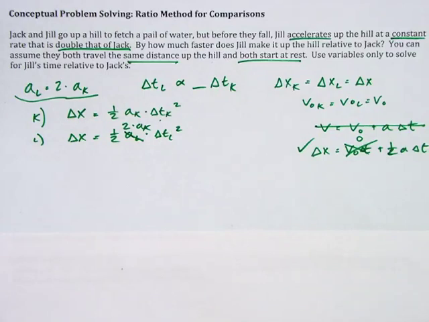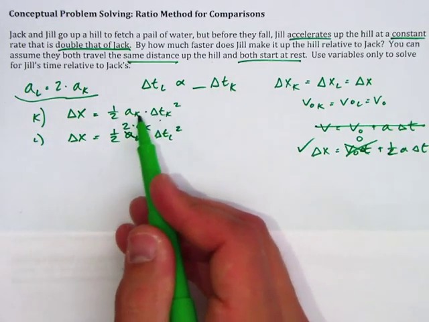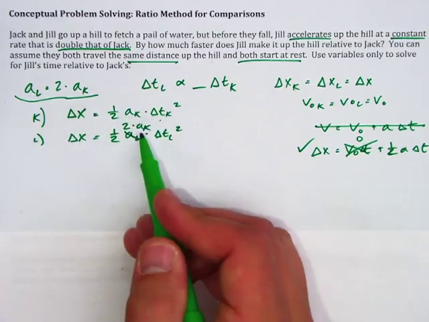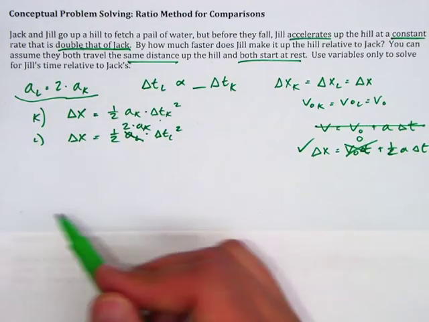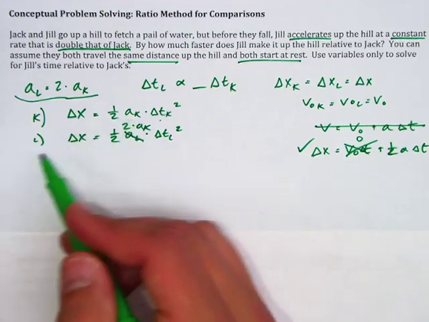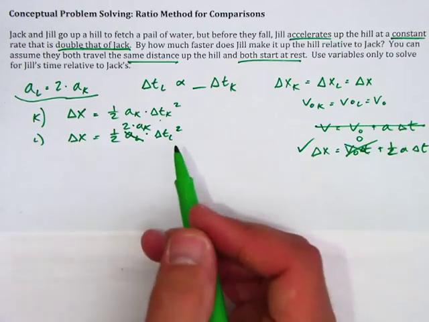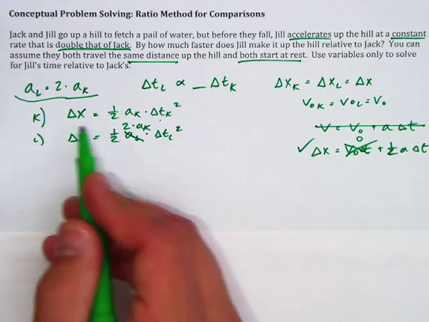Now you could do substitution. You could express this formula in terms of a_K, substitute it in here, or set them equal to each other and solve it, since these are the same, so you can set these equal and cancel it all out. But a ratio method is a good way, especially when we have some squares, to quickly eliminate certain variables.